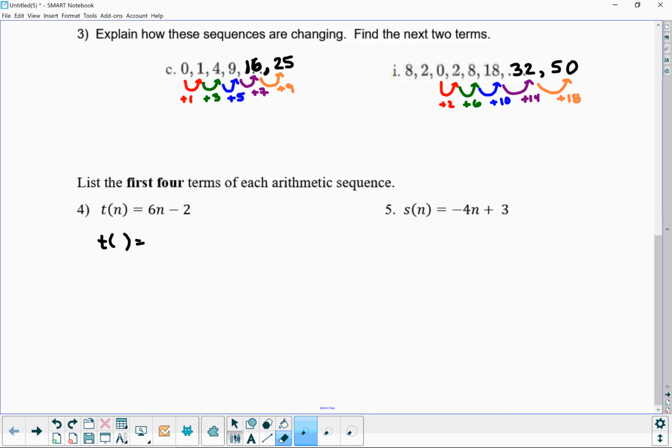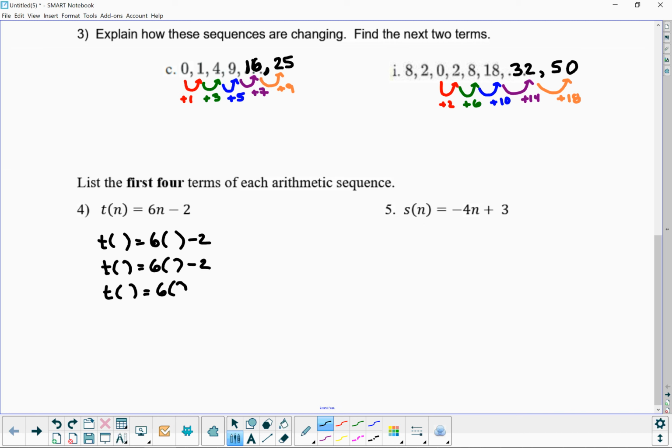When n is 2, what do I get? When n is 3, what do I get, and so forth. So I'll set that up: n is 1, 6 times 1 minus 2, n is 2, 6 times 2 minus 2, n is 3, 6 times 3 minus 2, and n is 4.